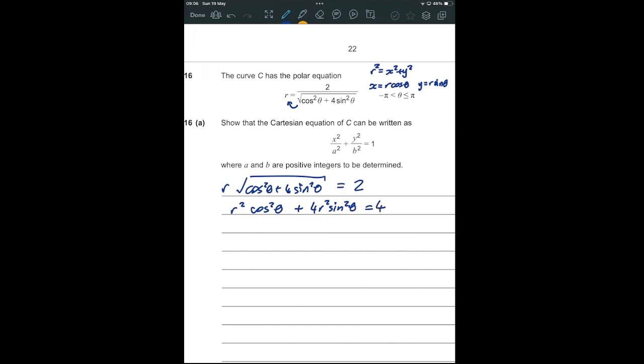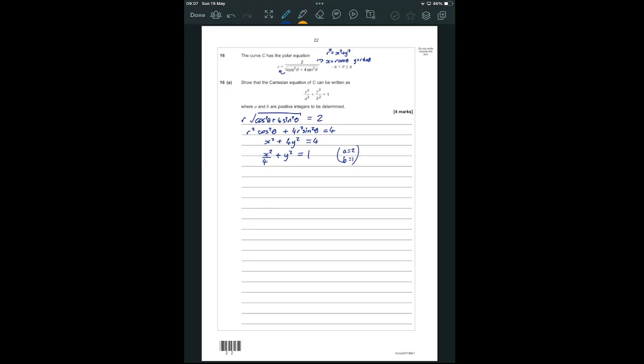And now I can use these two, which gives me x squared plus 4y squared equals 4. Dividing through by 4, x squared over 4 plus y squared equals 1. So a equals 2, b equals 1 in the form that they have. So that's an ellipse. Nice.